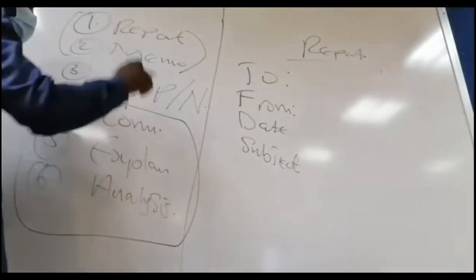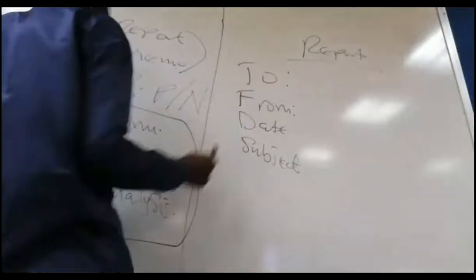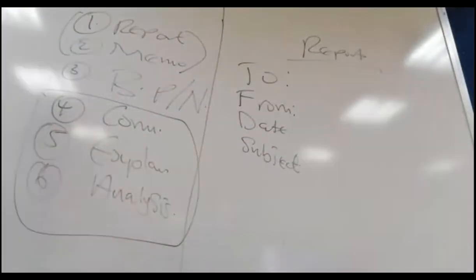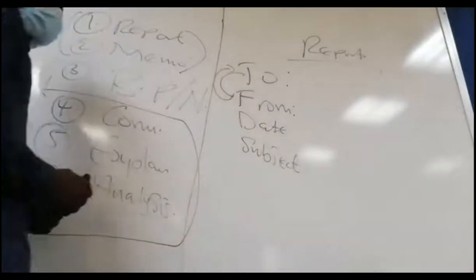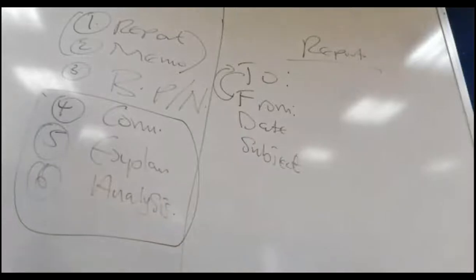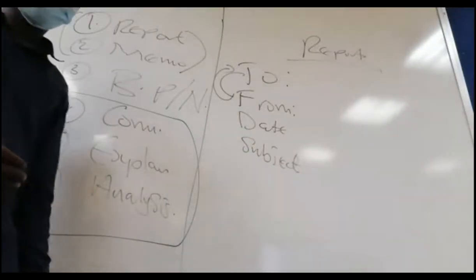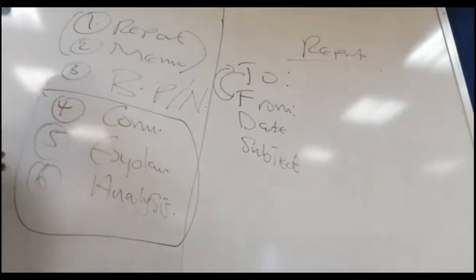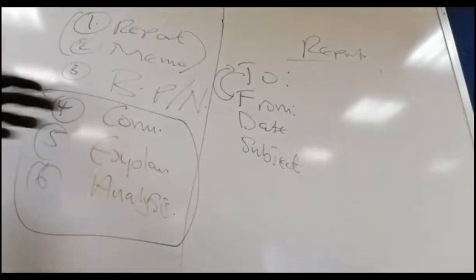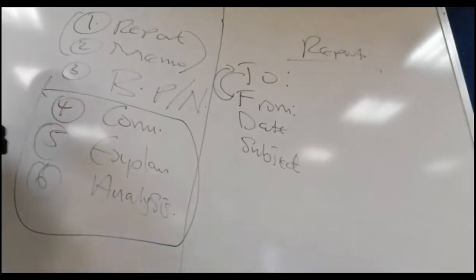Now, ideally, this is the report format. For the memo, just swap this. Organizations may have their own structures for how they write memos, because normally memos are for internal circulation of information, announcements, policies, ideas or budgets.